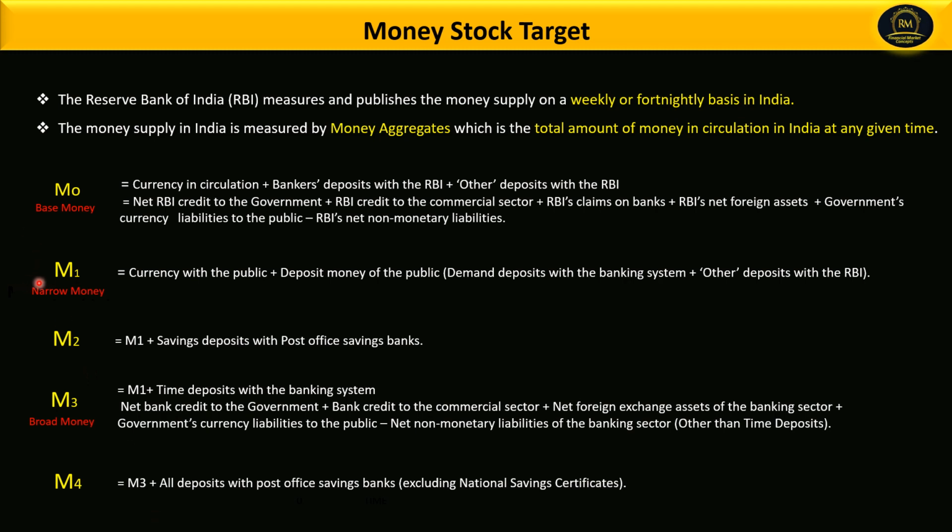M1 is also called the narrow money and M3 is also called the broad money, whereas the M2 and M4 components also include post office deposits as well.